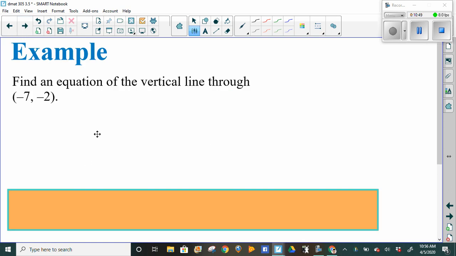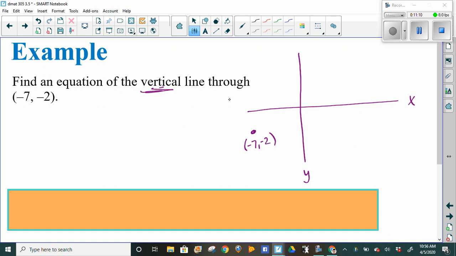So find the equation of a line that's vertical through this point. Just to give you a visual, if you have your x and y axis, go ahead and graph that point. So that's -7, -2. I want to find the equation of the vertical line through this point.